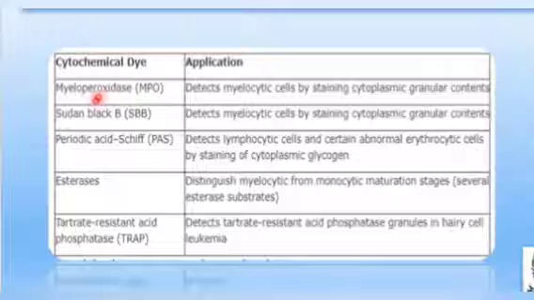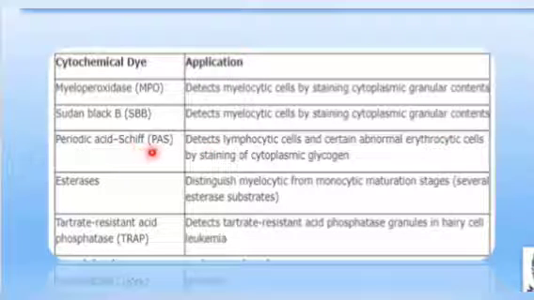And here, like myeloperoxidase, it detects myelocytic cells by staining cytoplasmic granule contents. It's mostly positive in acute myeloid leukemia. Then we have Sudan Black B, we call it SBB, and it detects the myelocytic cells by staining cytoplasmic granule contents.